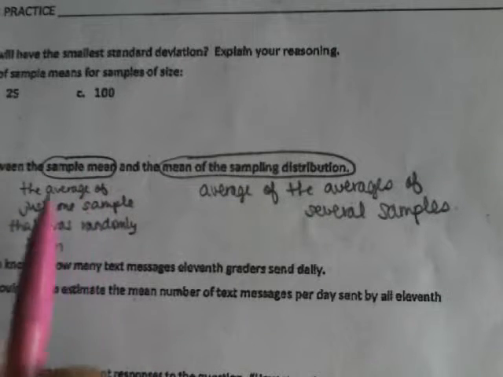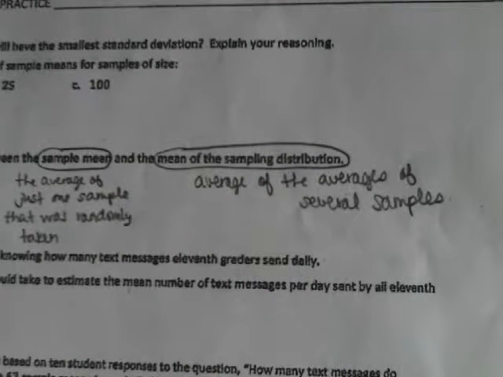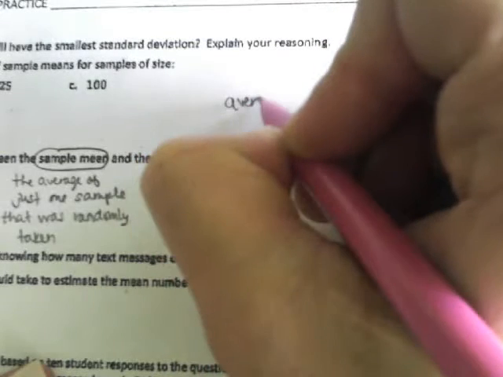And the average of multiple averages is essentially equal to the population average. Remember, that symbol means population average.